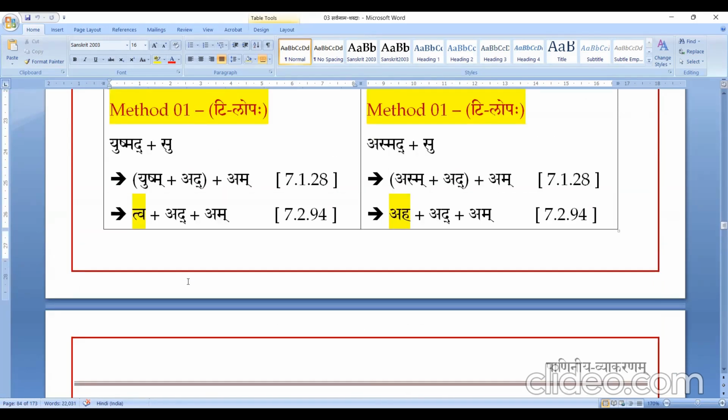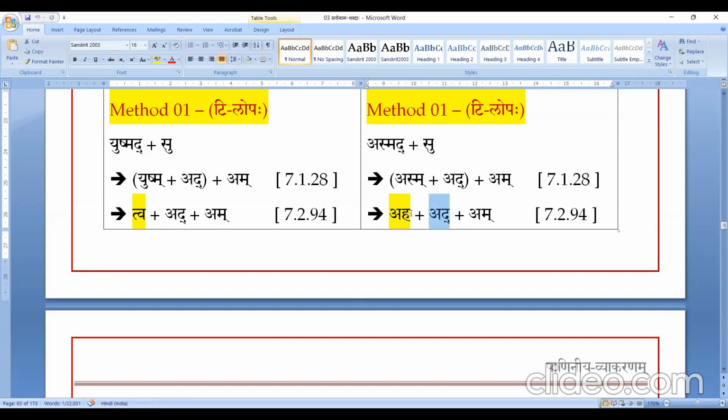Similarly, Asmad also. There also, Su is replaced by Am by 7:1:28, Nye Prathamayoram. Then Tvaha Sau, by that sutra, Asma is replaced by Aha by 7:2:94. Then Shesho Lopaha, here it is T Lopaha.